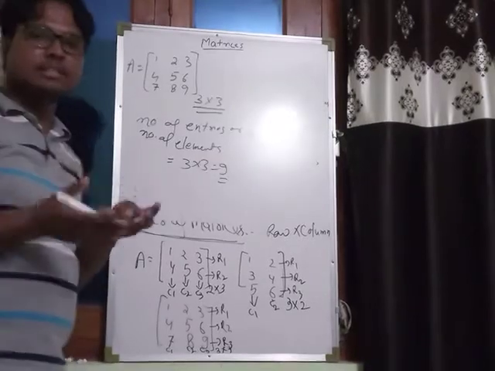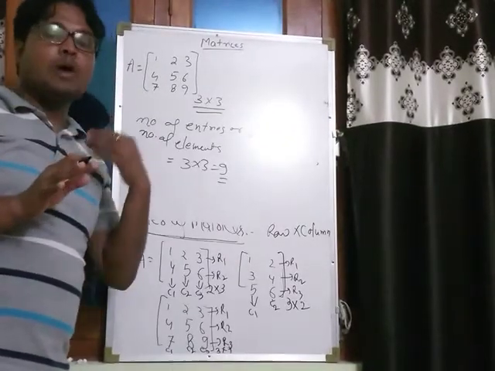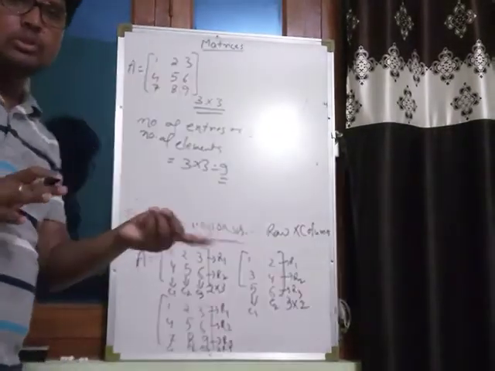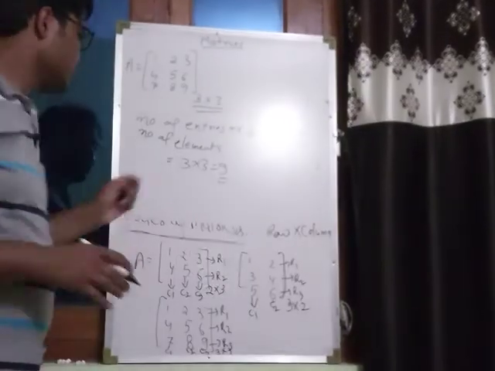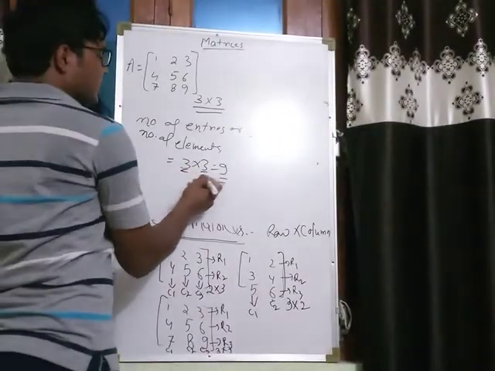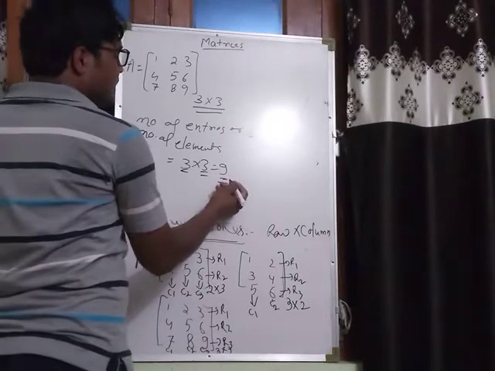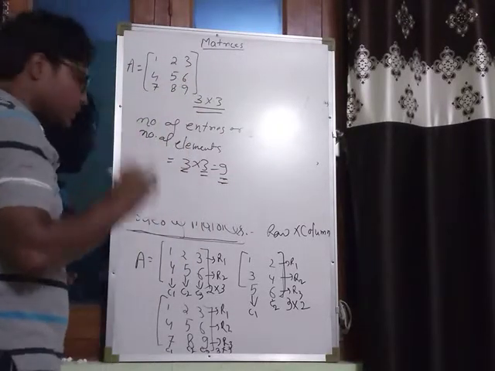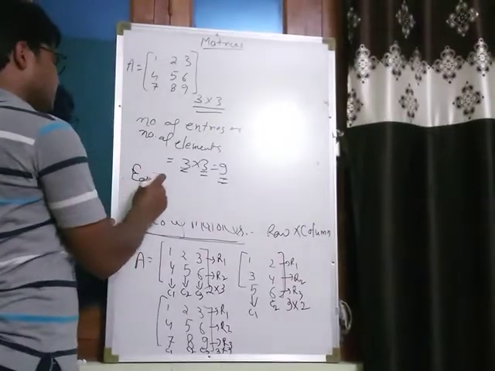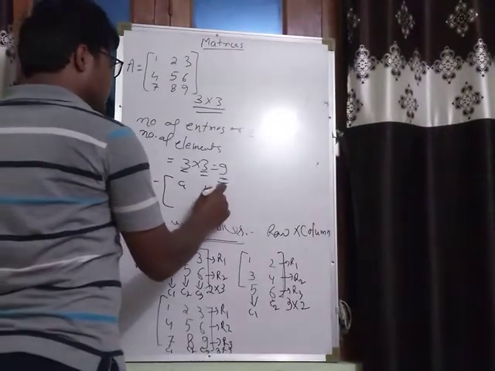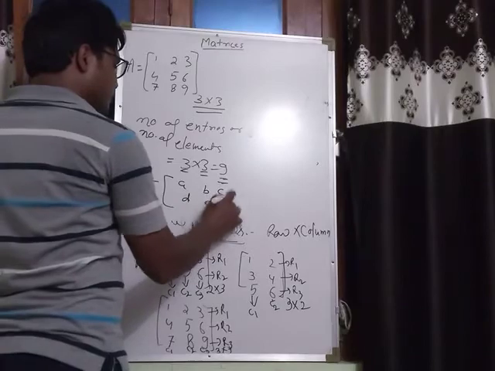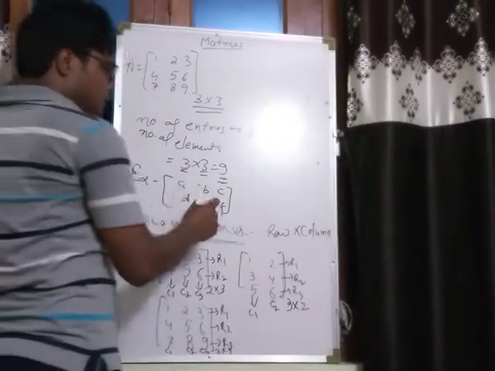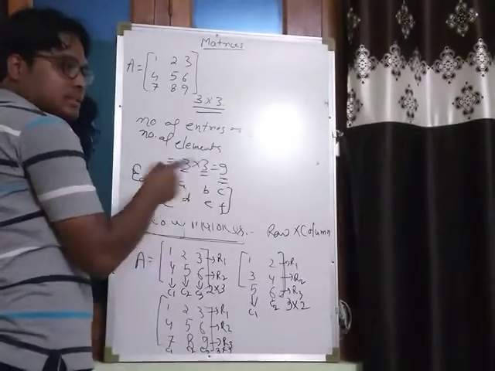Number of elements is the number of rows into number of columns. That is 3 rows into 3 columns. 3 into 3, that is 9. There are 9 entries. 1, 2, 3, 4, 5, 6, 7, 8, 9. Okay. Consider another example. This is A, B, C, D, E, F. What is the order of this matrix?